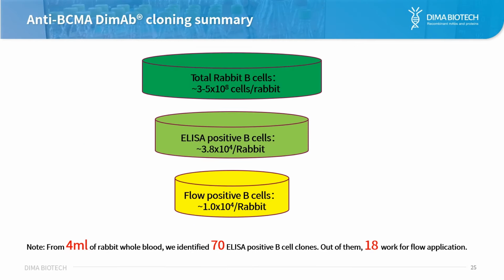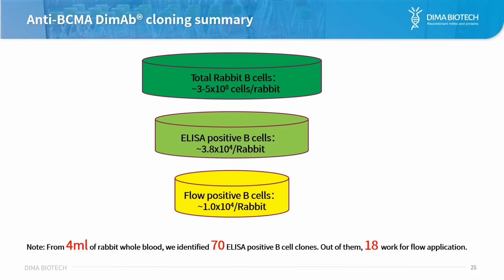Here is the summary of the BCMA project. We use 4 ml whole blood from the rabbit after immunization with our active BCMA ECD protein. From the 4 ml blood, we identify 70 ELISA positive B cell clones, and 18 work for the flow cytometry application. 13 were cloned for the IgG genes, 5 were humanized, and finally 1 is in IND clinical trials.